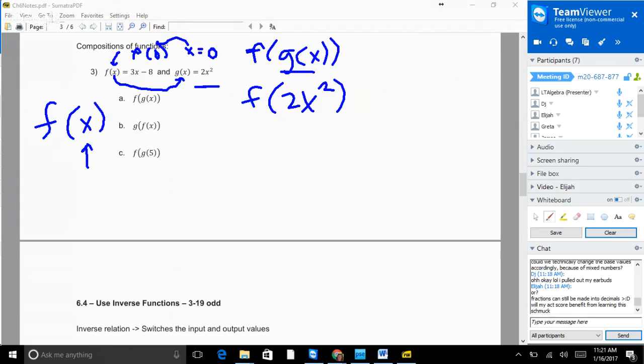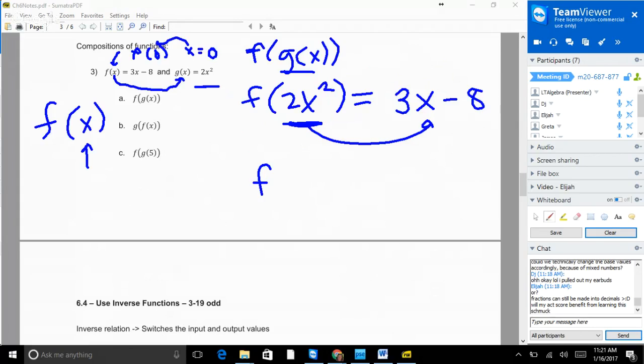Which practically means that f of x is 3x minus 8, and we just said that our x is going to be 2x squared. So we need to plug that in for x over here.